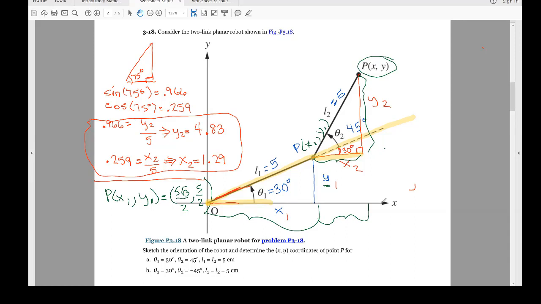So let me see, where do I want to put that? So x is equal to 5 times the square root of 3 over 2 plus 1.29. And again, because we have a fraction and we have a radical and we have a decimal, we need our calculator.